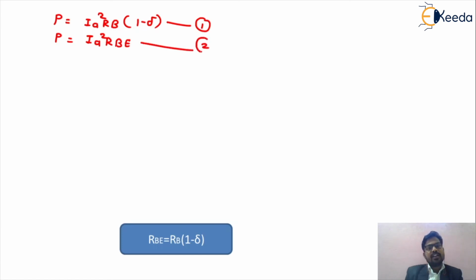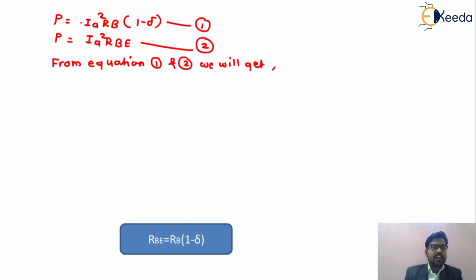So now we can equate these equations. From equations 1 and 2, we can equate both powers. IA square RB into 1 minus del is equal to IA square RBE.